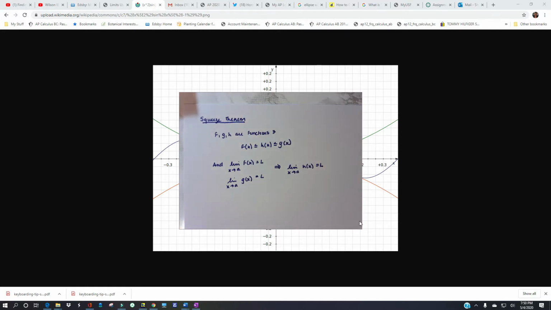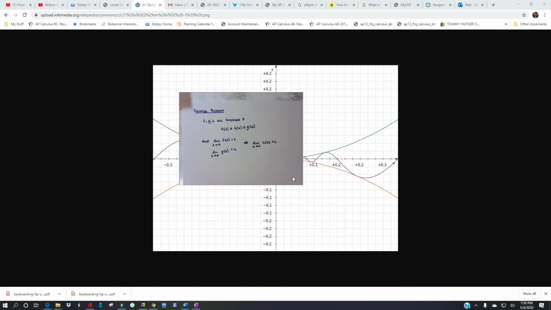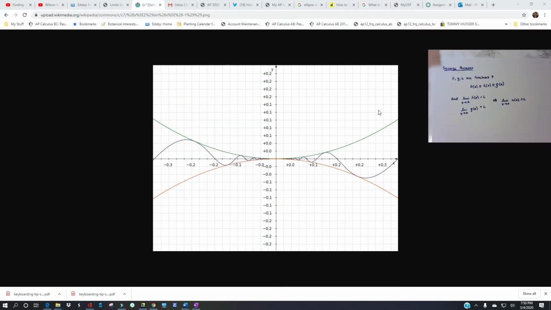As a visual, I'm going to make this a little smaller, pop it up there. I found this graph, and we'll call this green function f, this red function g, and of course there's a function h in between, right? If we look at the point x equals 0, the limit of f as x approaches 0, from the left and the right, is 0.